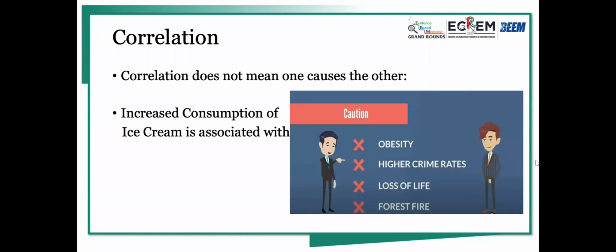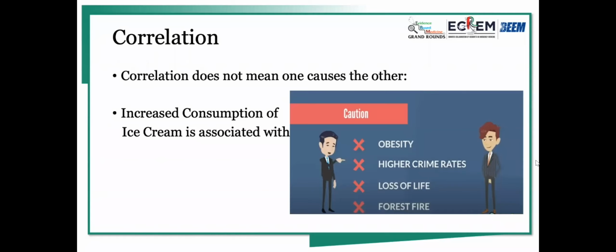They are associated, but the association is not causal. And the reason this happens is, as so happens quite often, both of these items are associated to a third factor. In this case, the hot weather.